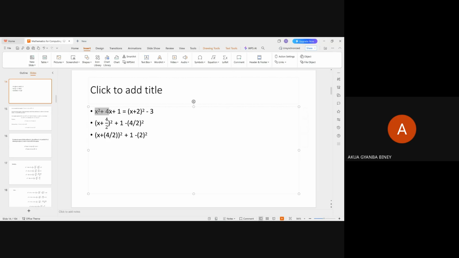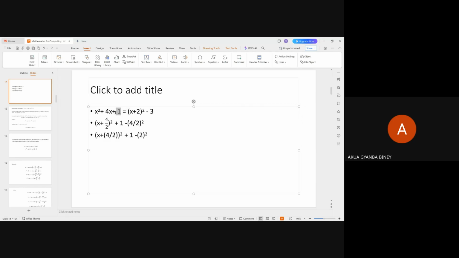So we have put this whole thing, the first part. We got it from x plus the coefficient of x all squared, and we are supposed to subtract the coefficient of x all squared from it as well.